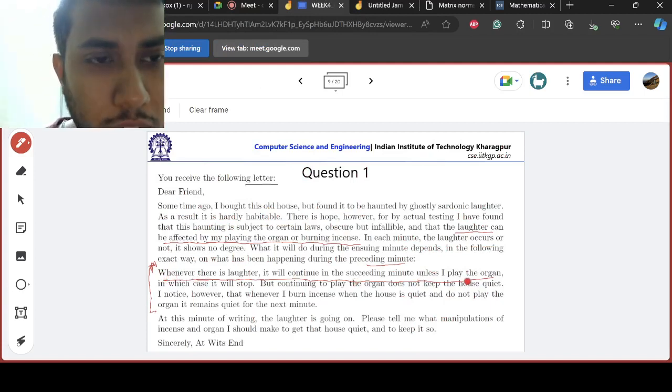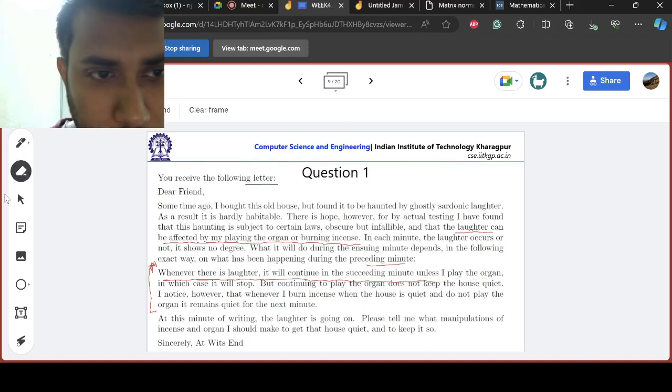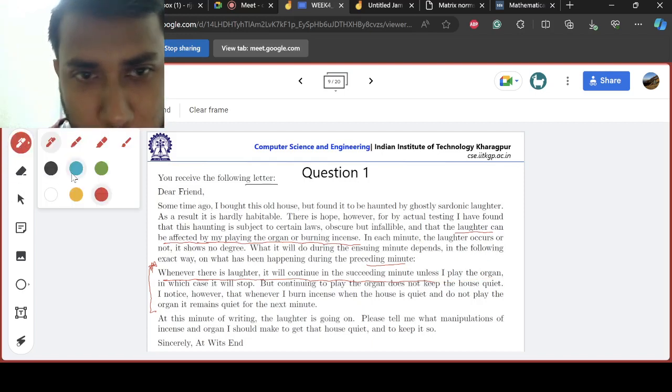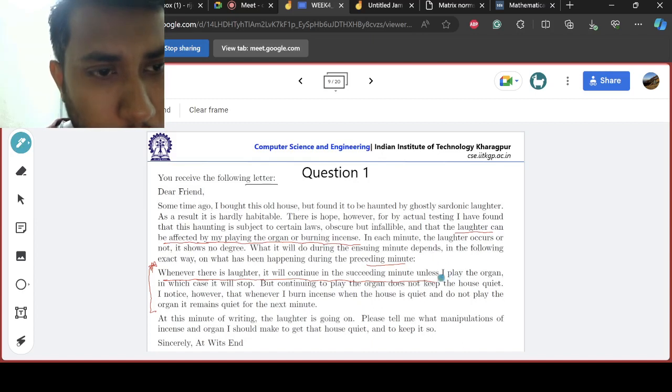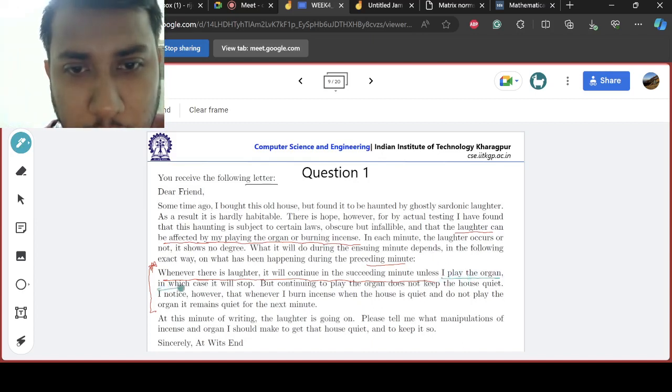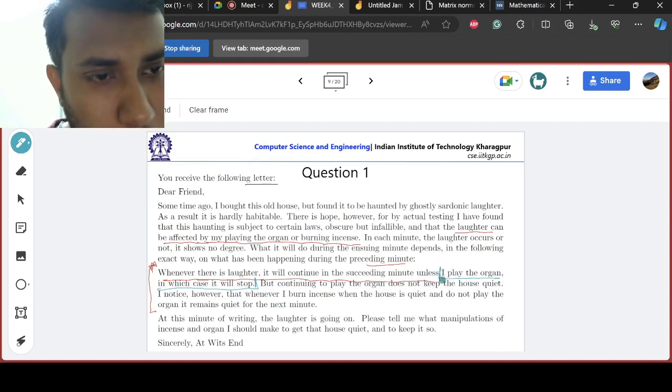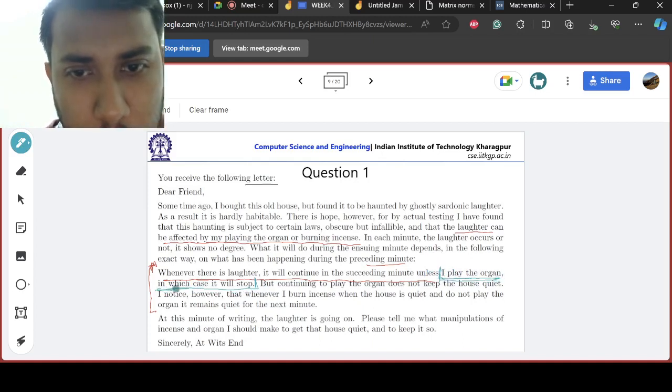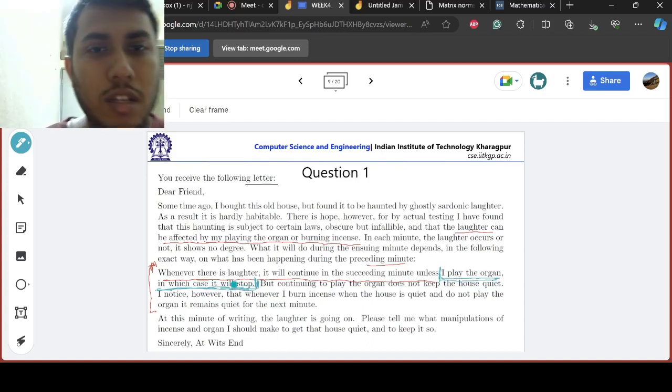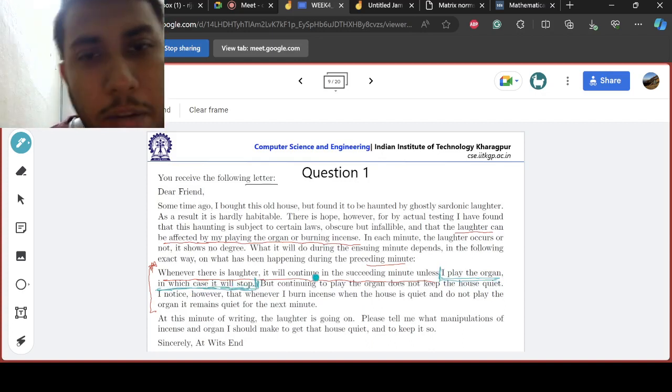It will continue on the sets unless I play the organ, in which case it will stop. So when it plays the organ, it will become quiet. If he doesn't play the organ, it will not be quiet.